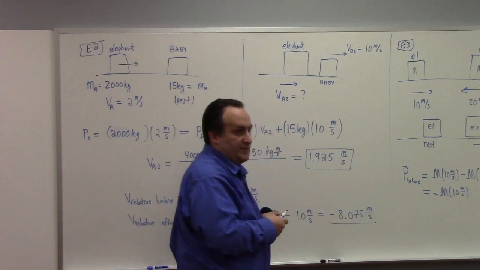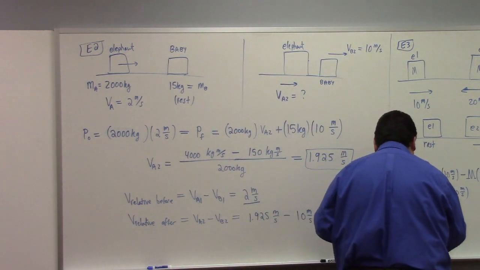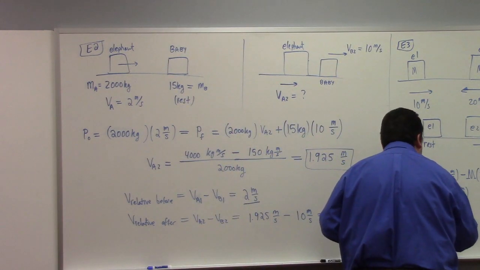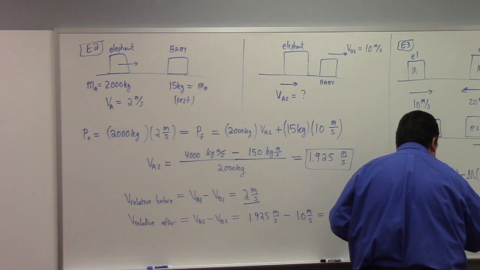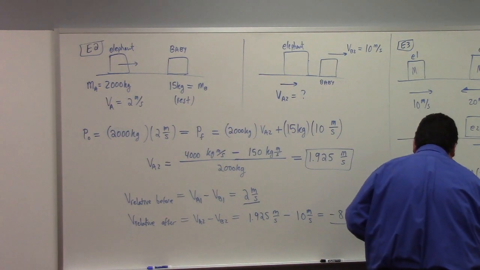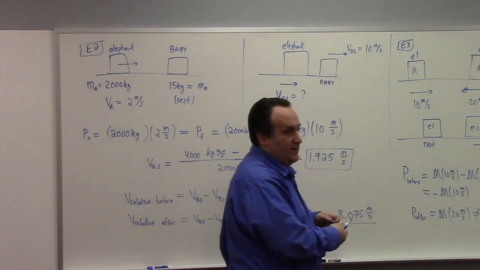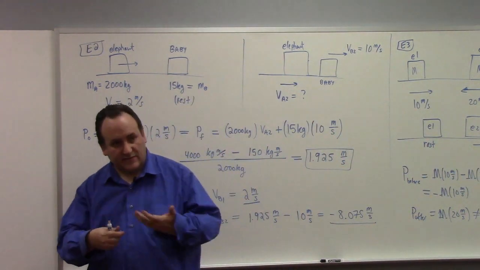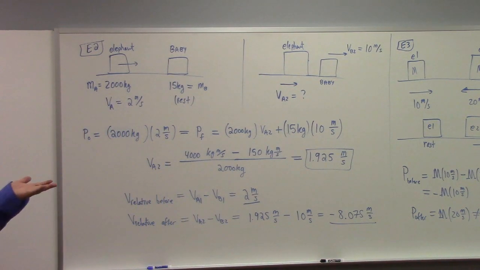What's the momentum afterwards? It would be mass times 20 meters per second. And of course, that is not equal to the momentum before. In collisions, momentum is conserved. Momentum's not conserved in this example, therefore, that can't happen.